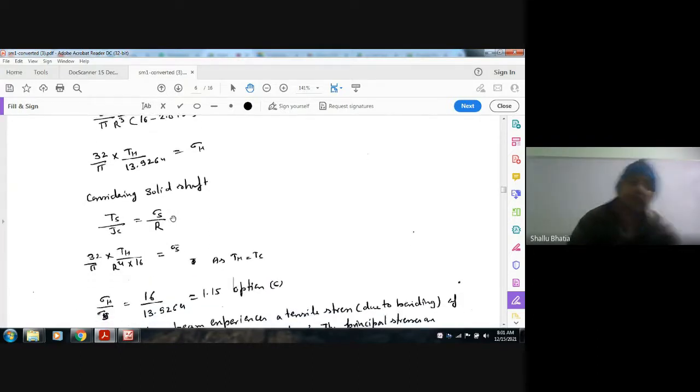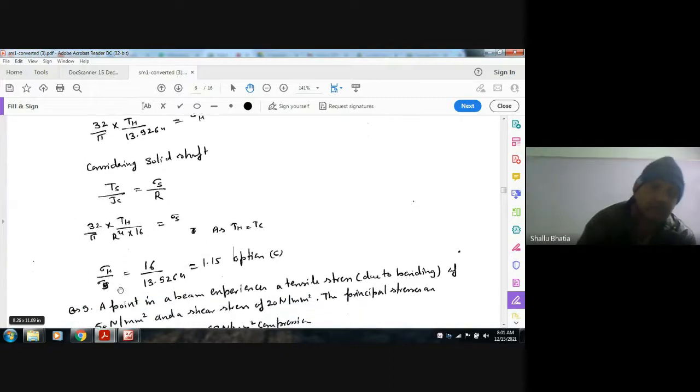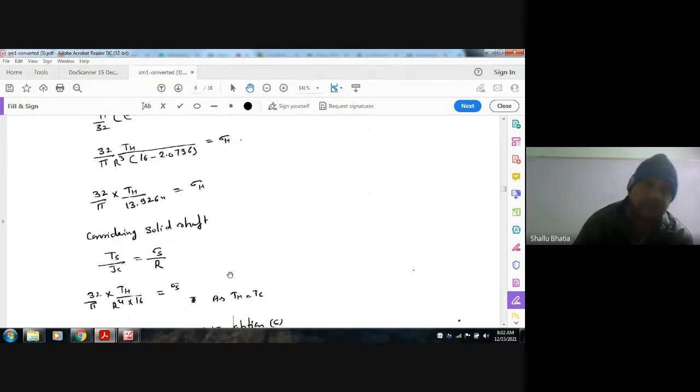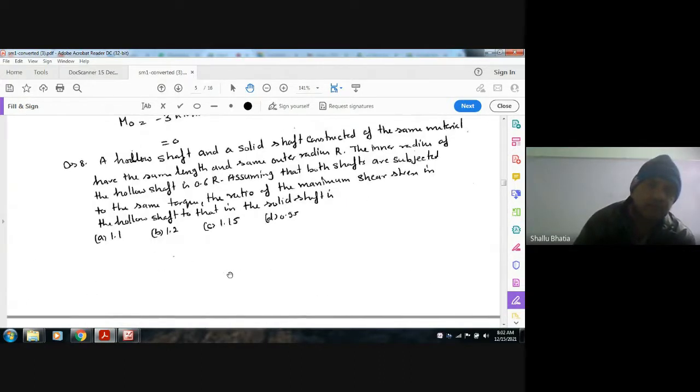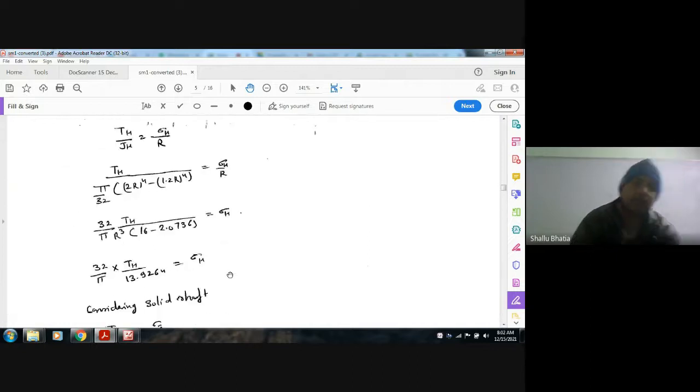And for the solid shaft it is pi by 32 into D to the 4, that is pi R to the 4 by 2. As the material is the same and the applied torque is also the same, the ratio of the shear stresses is 1.15. So the answer is 1.15, option C. Next question.